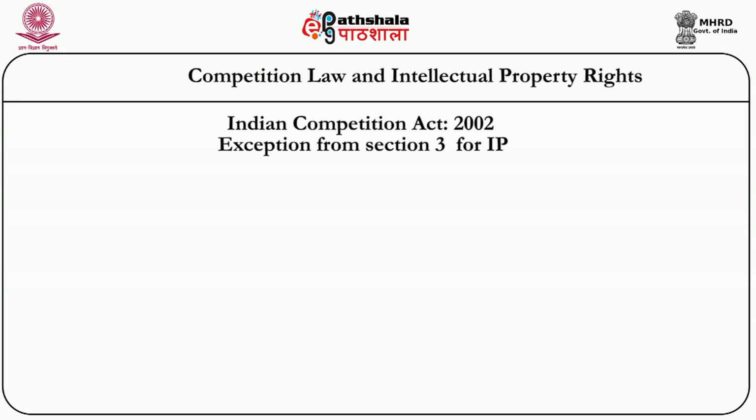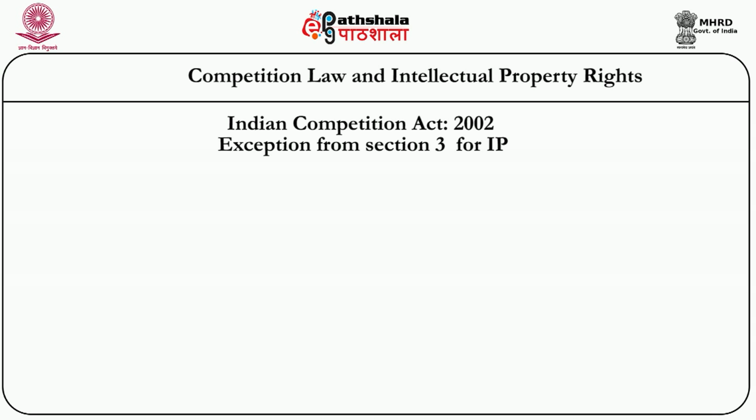Coming to the Indian Competition Act 2002, there are certain exceptional sections which deal with the interface relating to intellectual property law and policy. Section 3.5 primarily deals with those kinds of licensing practices which are unreasonable in nature.